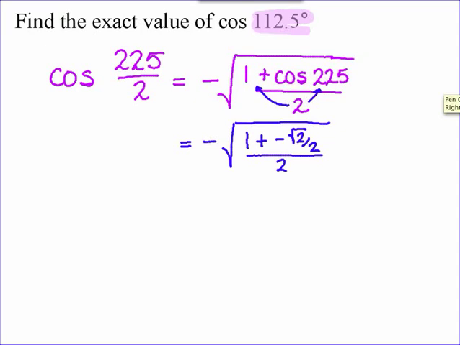You've got a fraction within a fraction. So what we need to do is get a common denominator here. So I'm going to multiply by 2 over 2. And when I do that, I end up getting 2 minus root 2 over 2, all divided by 2.